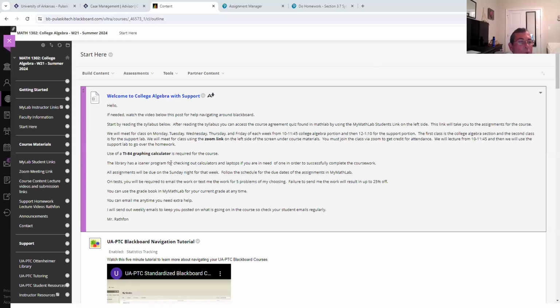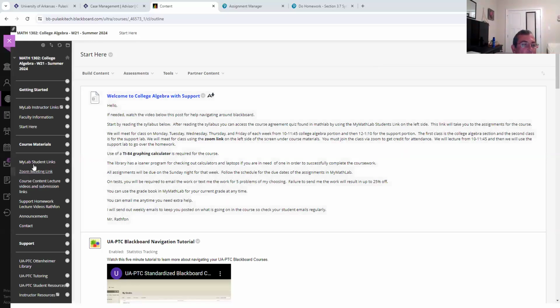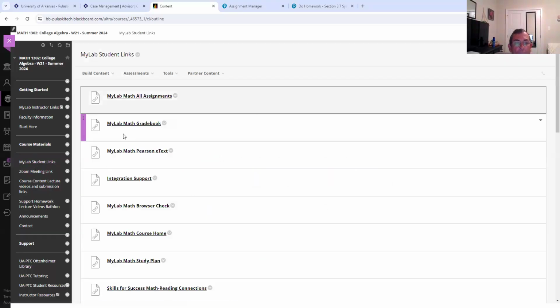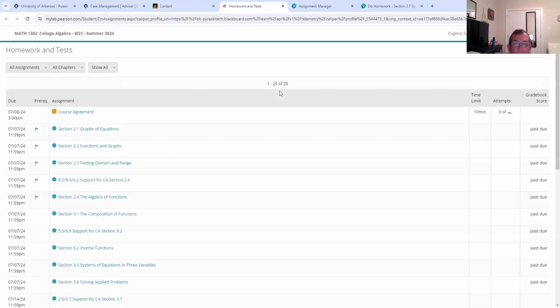When you log into Blackboard, you're going to see all this. On the left side, you'll see MyLab student links. You're going to click that, and that's going to pull up all MyMathLab assignments.